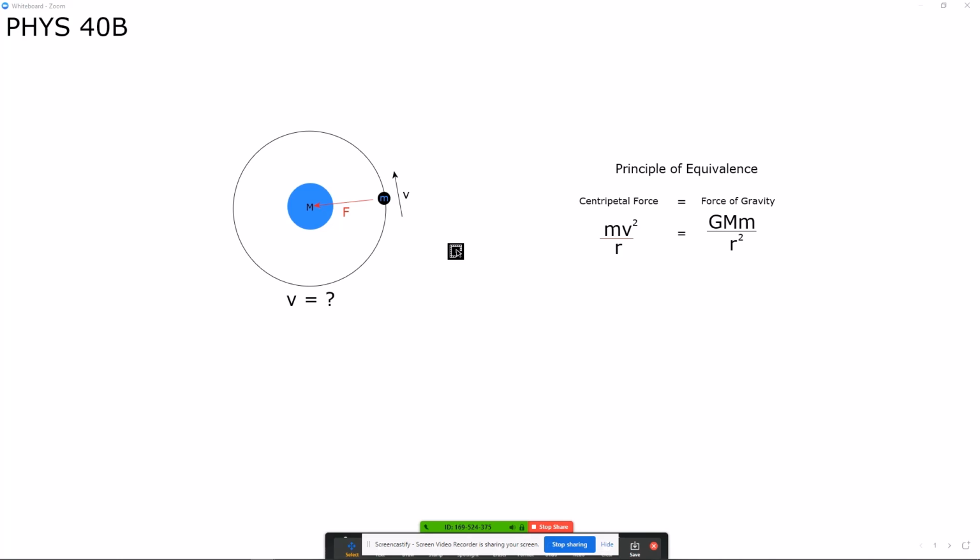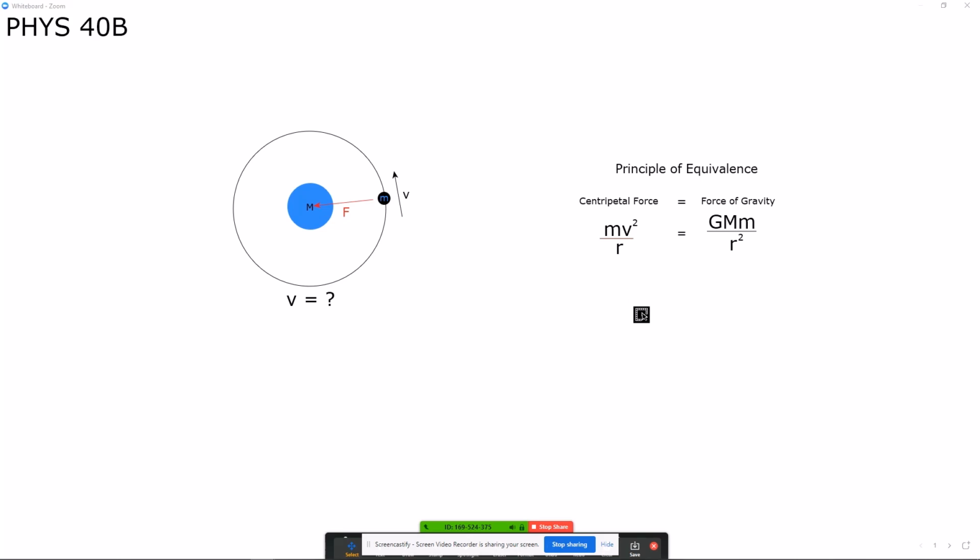Little m being the mass of the satellite will cancel out since it's on both sides. R, we're going to multiply one r over, so that'll cancel out the exponent here. So crossing things out, and then you'll end up with v squared equals capital G times big M divided by 1 r instead of r squared.